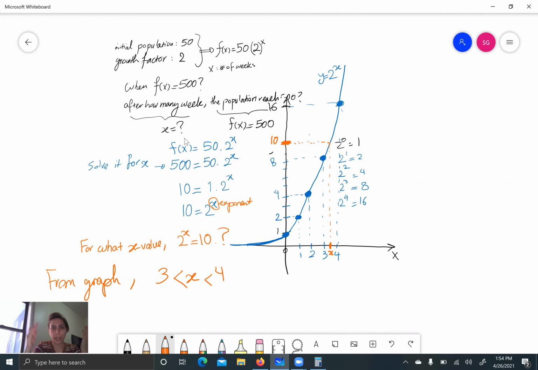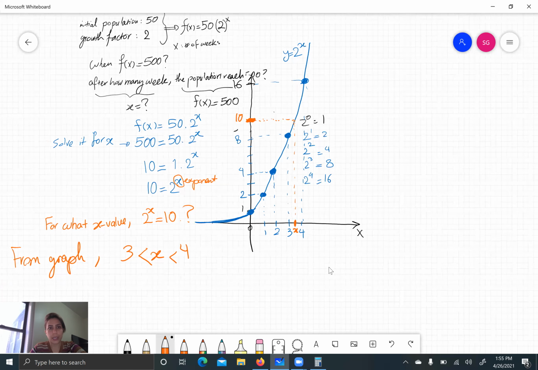We hit the wall at this point. Because of that, we need to introduce something that helps us answer questions like this, questions that involve solving exponential equations.